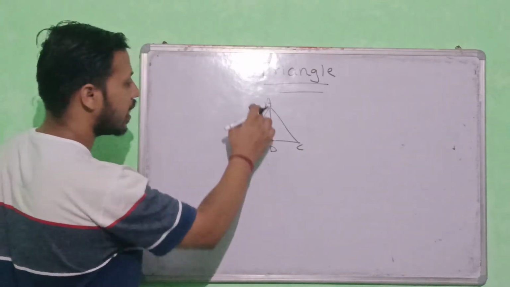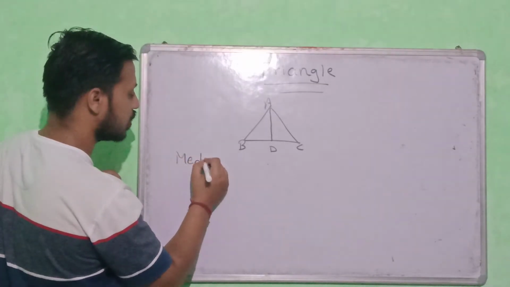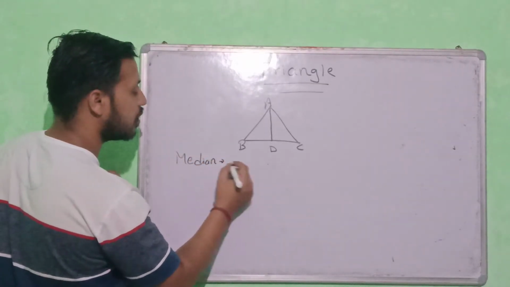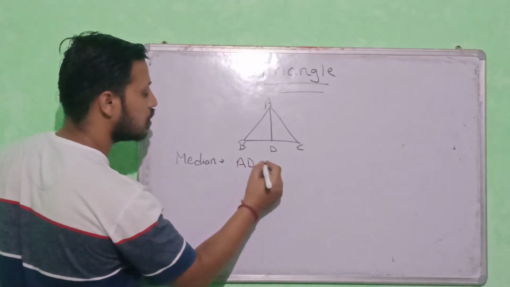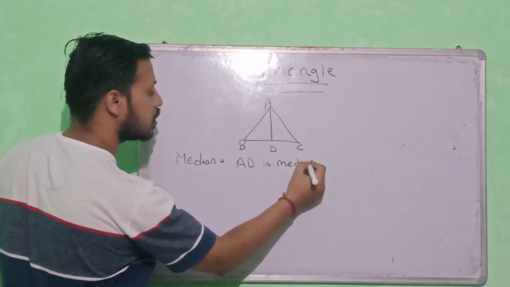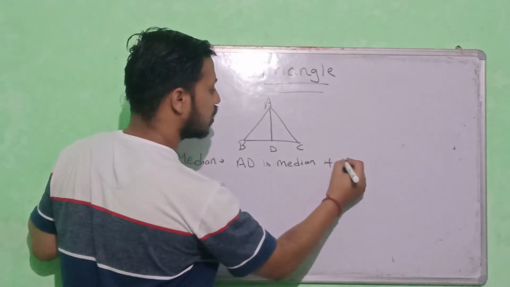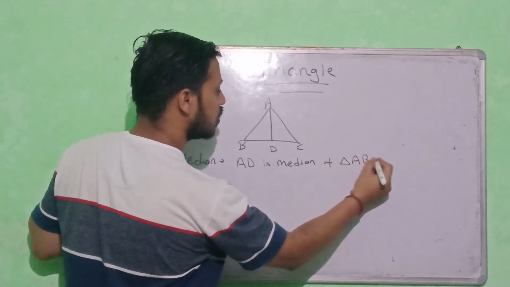Then you can say that AD is a median of triangle ABC.